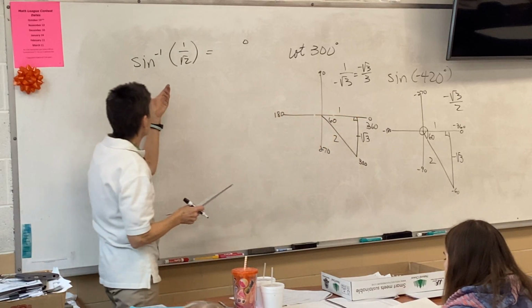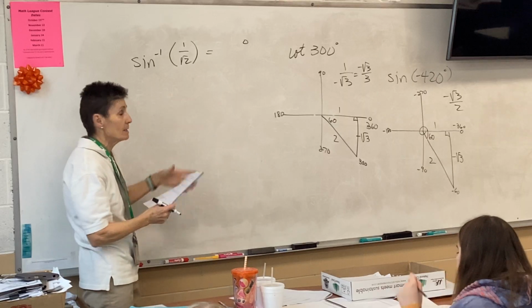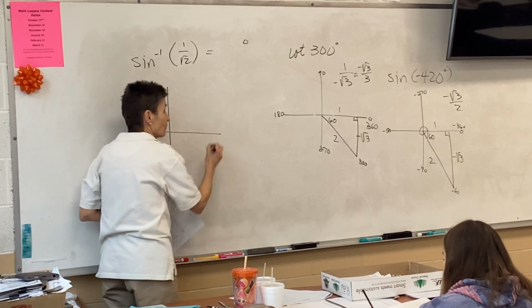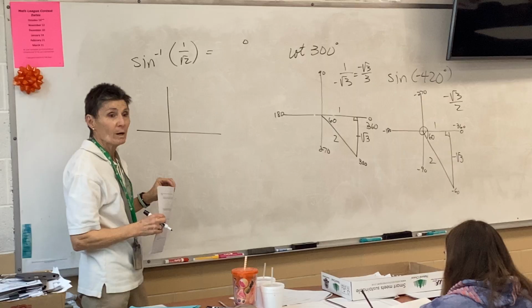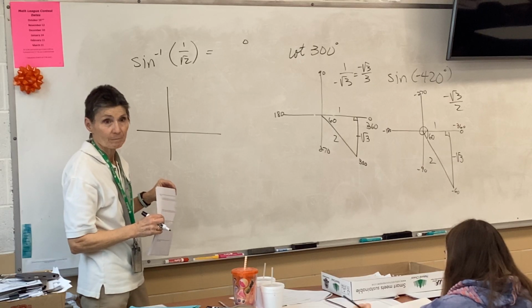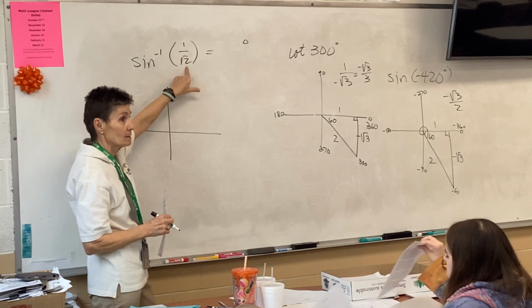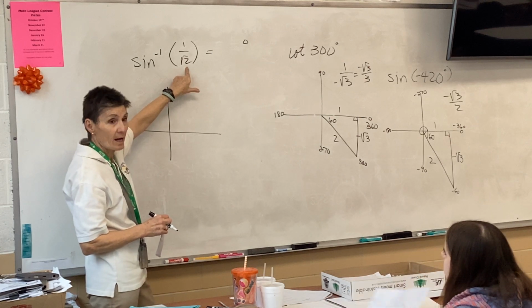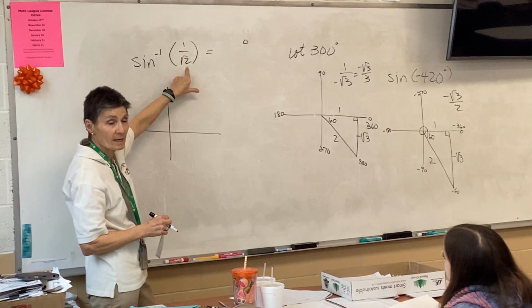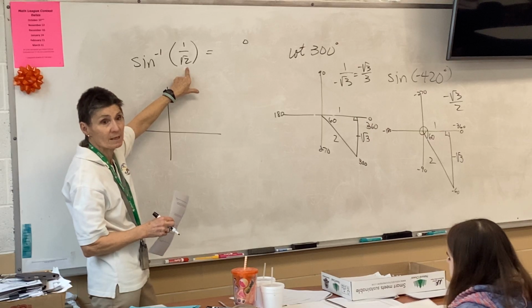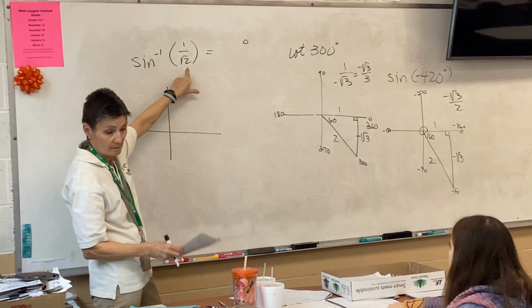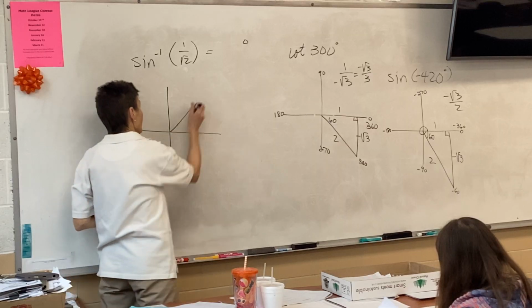This notation means you're looking for an angle. Now, where am I looking for that angle? Which quadrant? Positive number. Inverse sine, inverse cosine, inverse tangent. If that number's positive, it's in quadrant 1. Period. Quadrant 1.